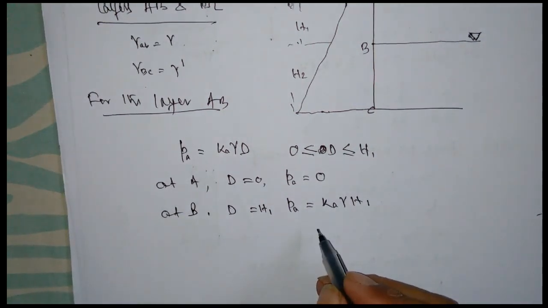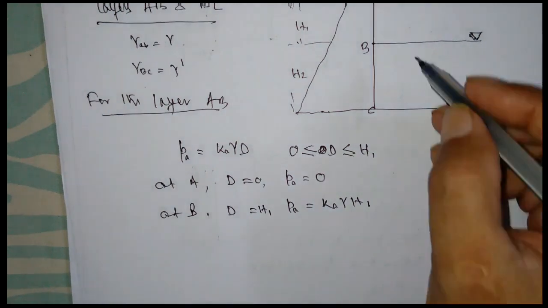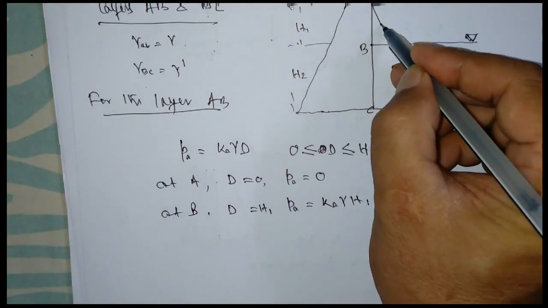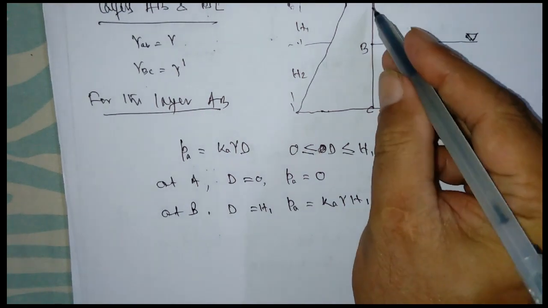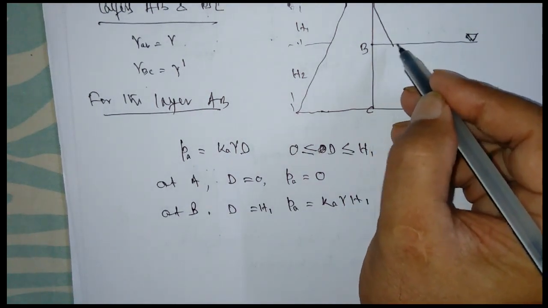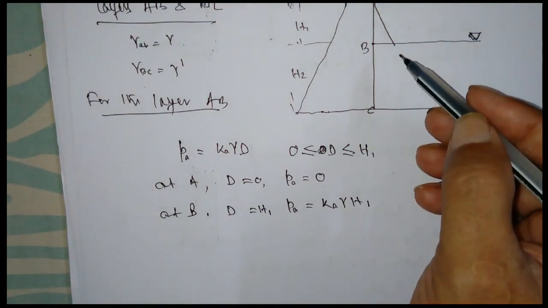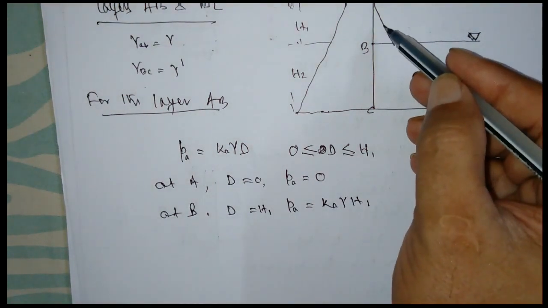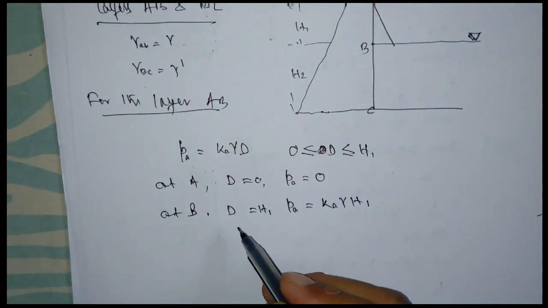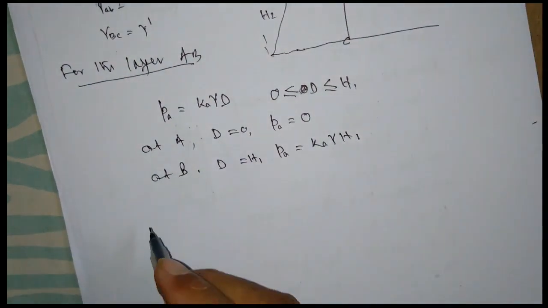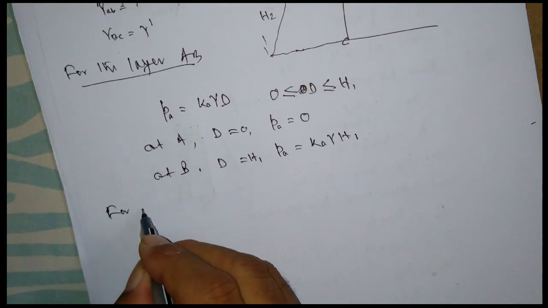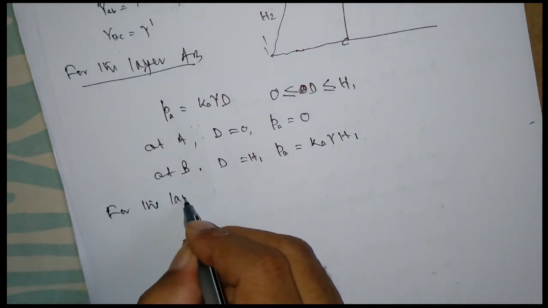The pressure distribution diagram can be drawn from A to B as usual. This is 0, this is K gamma H1. The pressure distribution diagram from A to B is a triangular diagram. That's all.